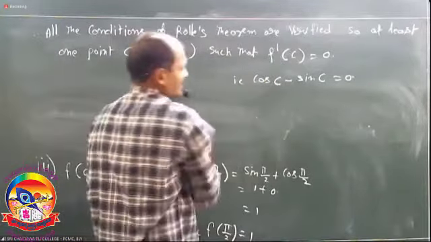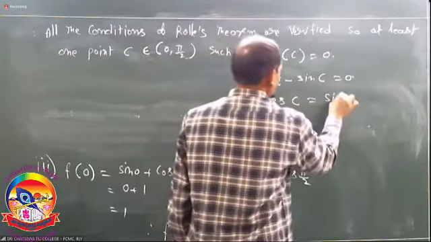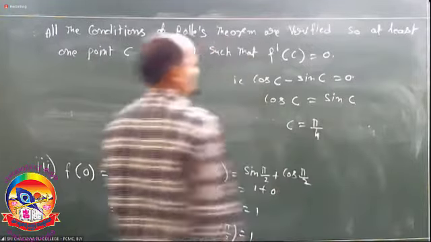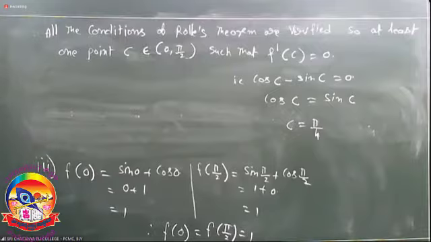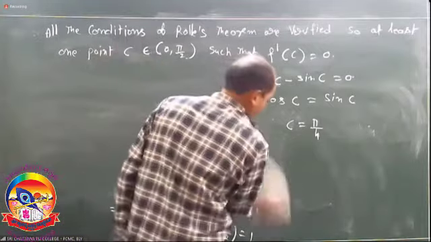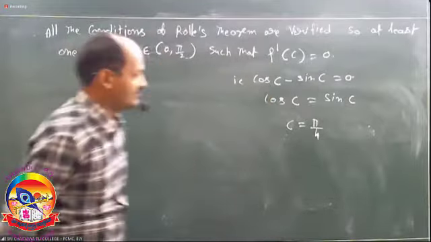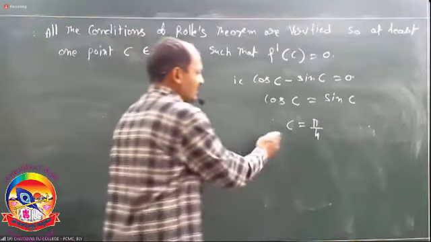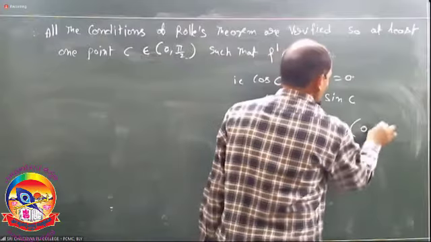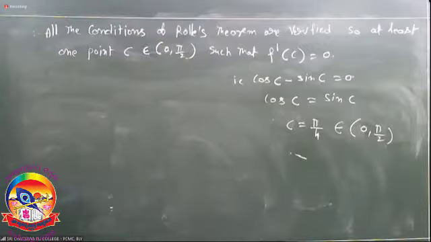So cos C is equal to sin C. Sin and cos both are equal at 45 degrees. Okay? Cos 45 is equal to sin 45. Here C is equal to pi by 4. This pi by 4 belongs to 0 to pi by 2. Therefore, Rolle's theorem is verified.